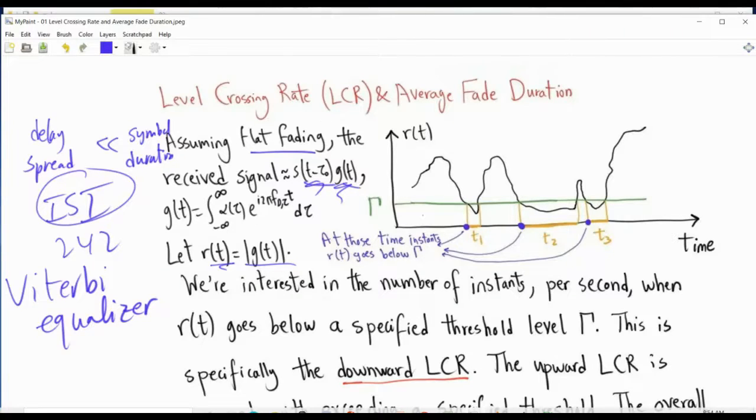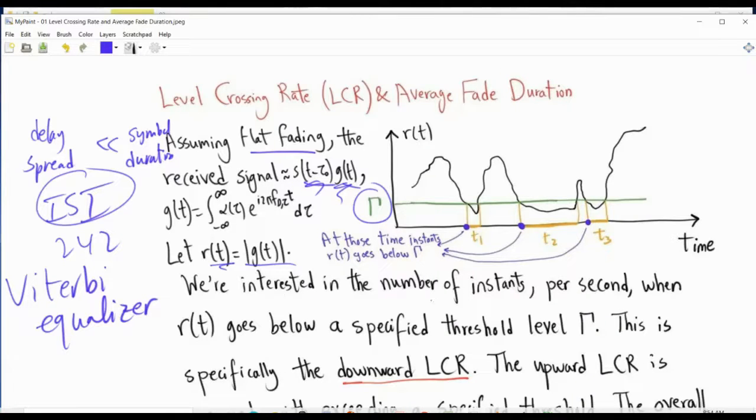And level crossing rate means that you specify a certain level, let's say gamma, and then you ask yourself, on average, how many times R of t goes below gamma. So this is specifically the downward level crossing rate.